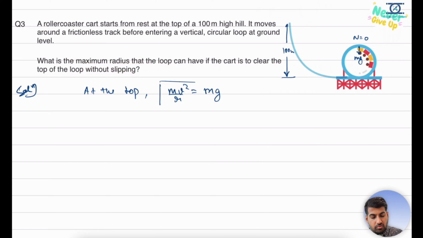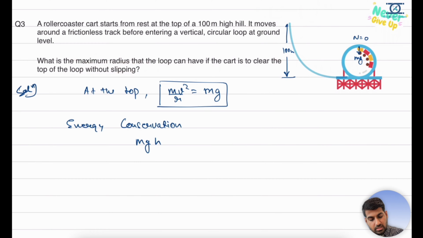So this is one equation that will be required, and using the work energy principle or energy conservation, assuming no loss of energy, since nothing is mentioned, so we will assume no friction and no loss of energy. Initially the energy is mgh, with h being 100 meter.